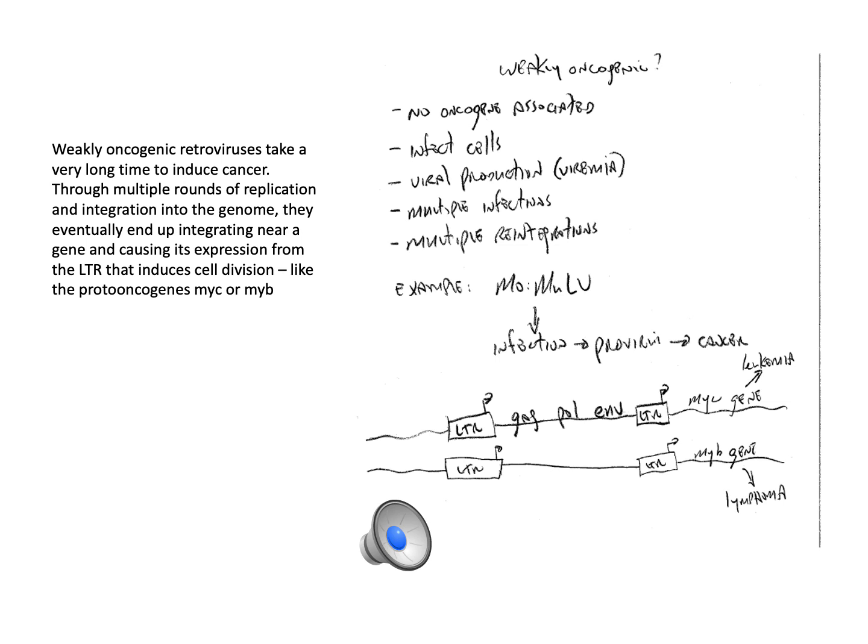And there is some evidence that there may be one very rare cancer, I believe it's called hairy cell leukemia, one very rare human cancer that may be due to a weakly oncogenic retrovirus. But all of these that I've talked about so far have been found in animal models: mice, rats, monkeys, birds.